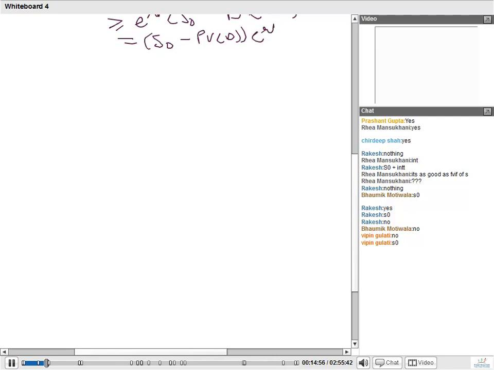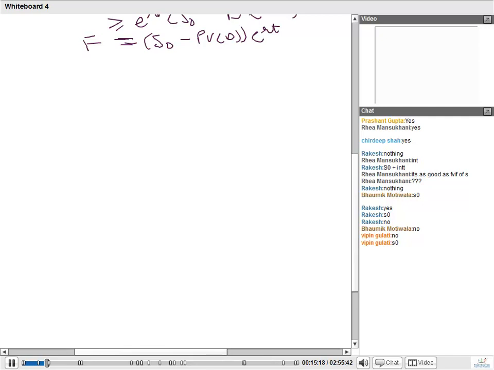Now in the exam, you will not have the time to derive it like this every time. Similarly, you can do the buyer's perspective and you'll see that F has to come out to be less than or equal to. The only price that the buyer and the seller will agree on is when F is exactly equal to S0 minus the present value of dividend into e raised to the power RT.